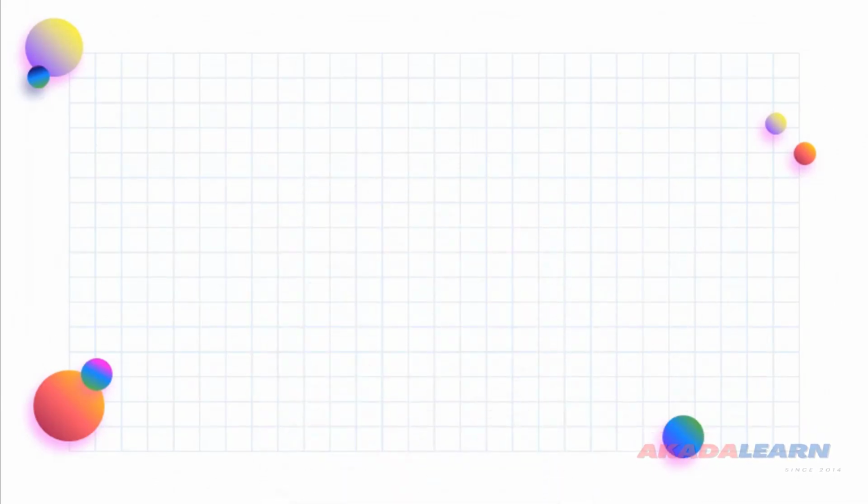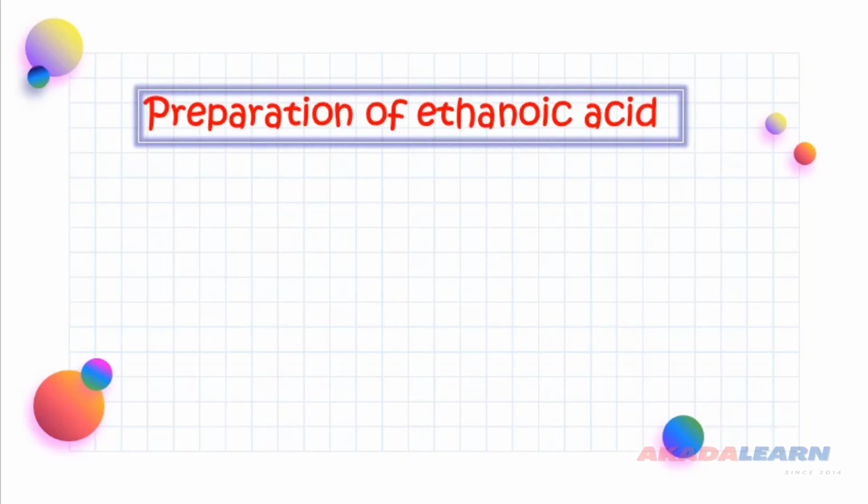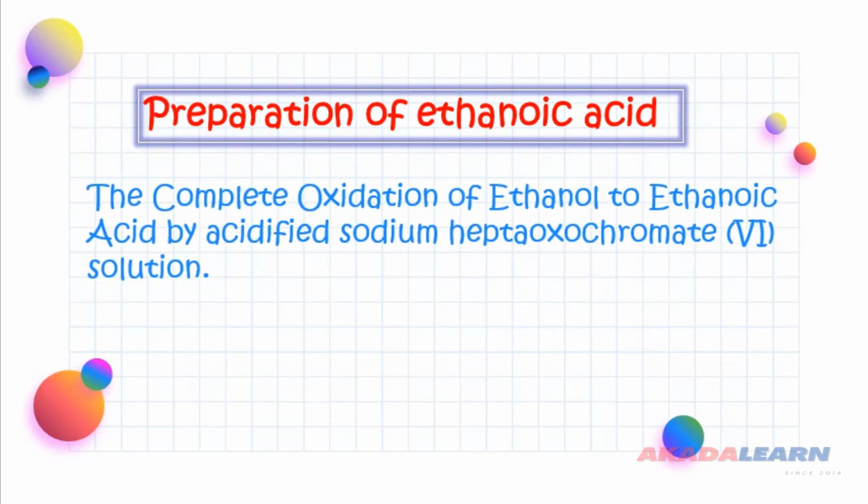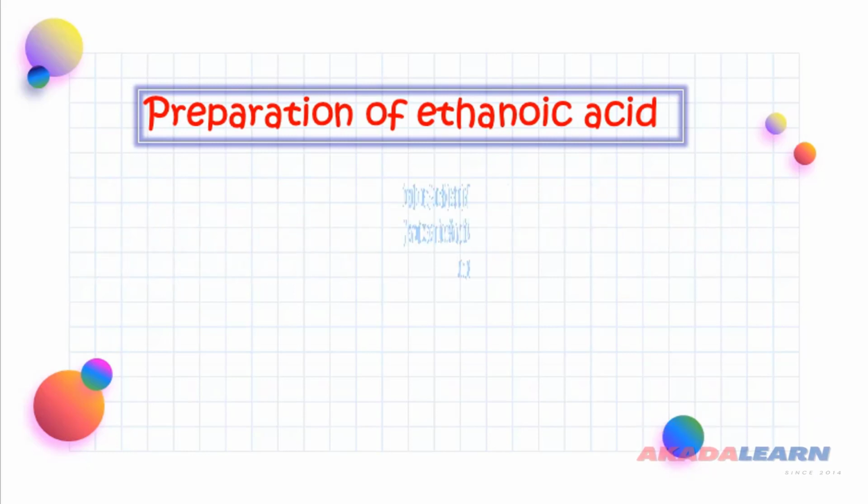It's now time we take a look at the preparation of alkanoic acids, but we're going to use ethanoic acid to represent the family. Now, the complete oxidation of ethanol to ethanoic acid by acidified sodium heptaoxochromate(VI) solution is what we are going to use.